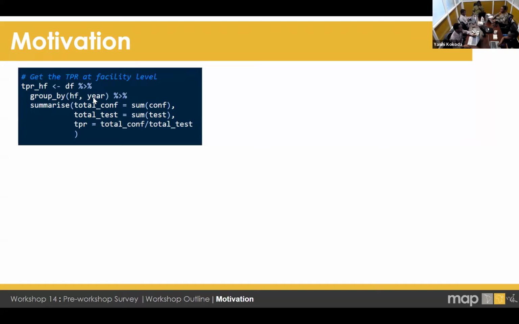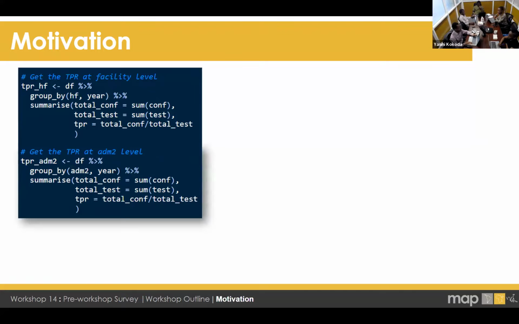So to get the summary of TPR at facility level, you can use group by health facility and then the year, and then you have these summaries. So this is at facility level. If you want to calculate maybe at the second level now, at district level, the traditional approach is you copy and paste the code for the second level and then modify the variables which are changing.